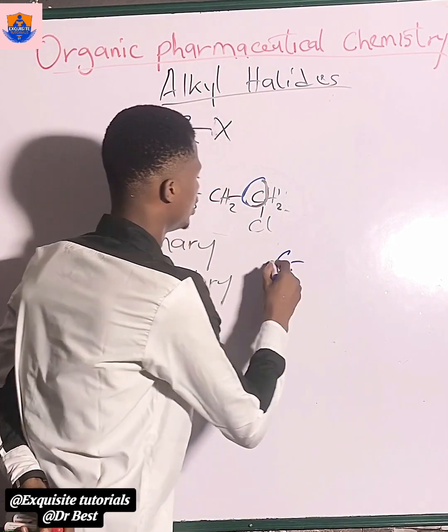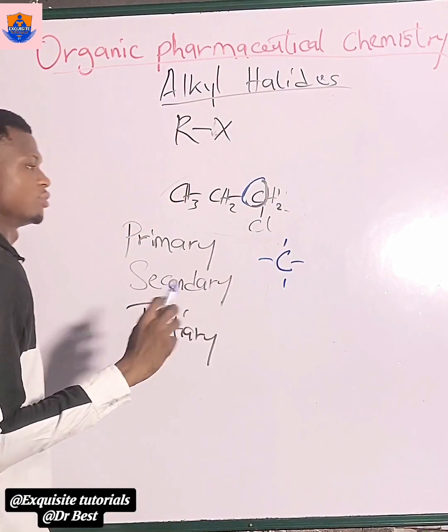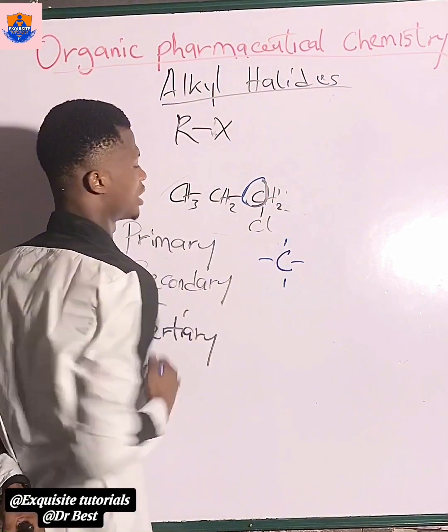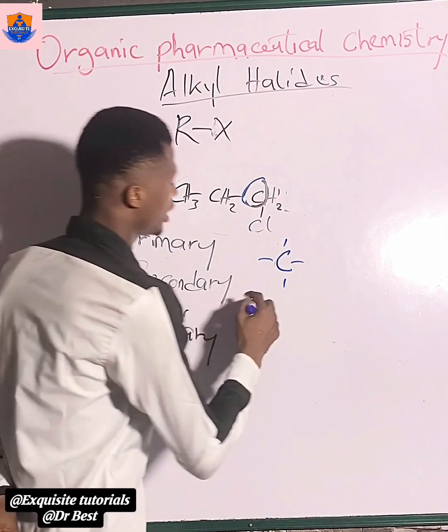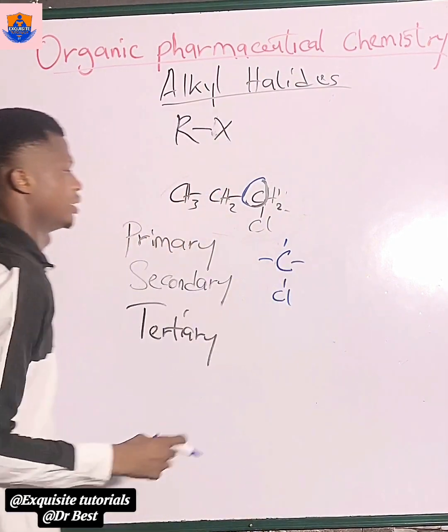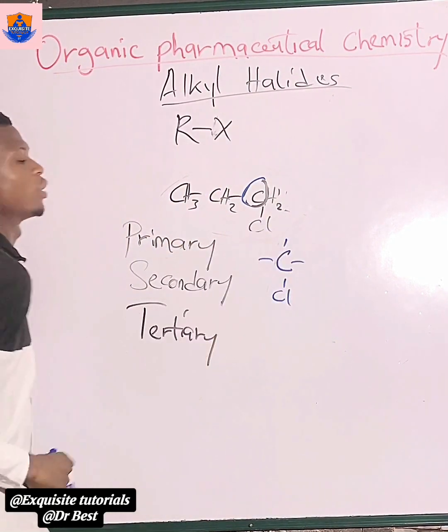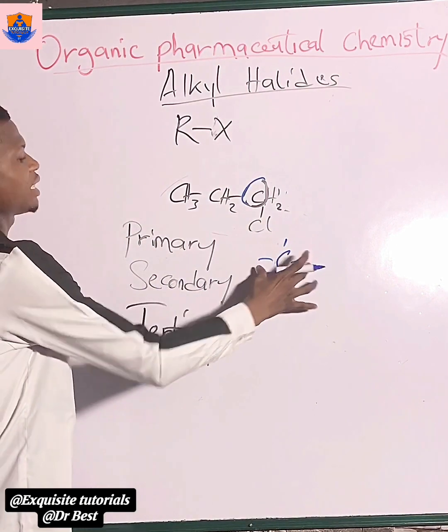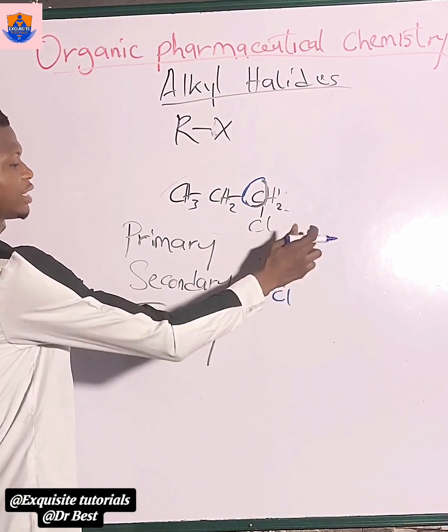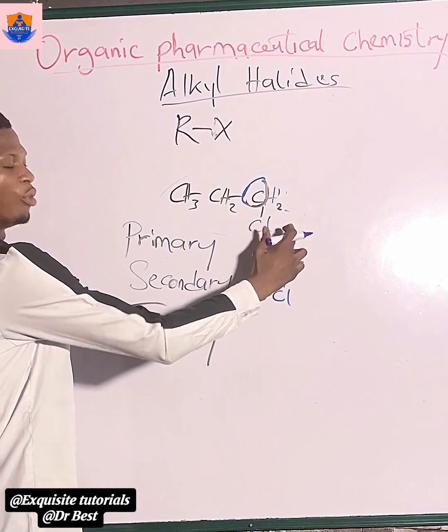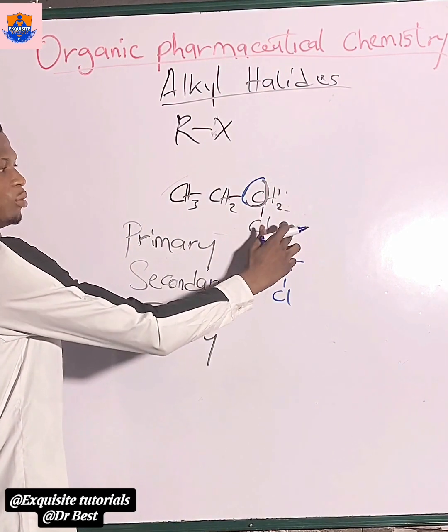Remember, carbon can form 4 bonds, right? Now we are talking about this carbon. Let's say we have the halogen here. These 3 are other bonds, right? But remember that the halogen is attached to a carbon that is bonded to another atom in a compound.